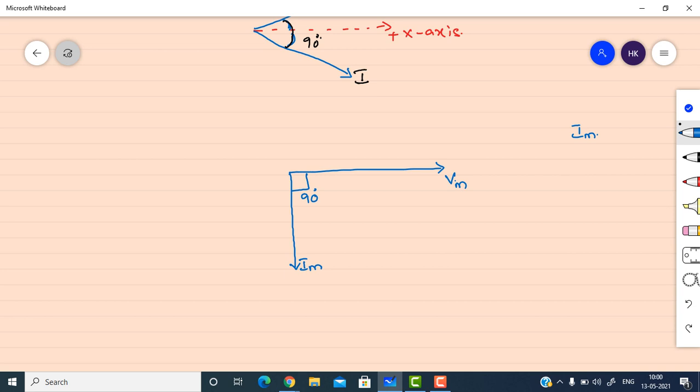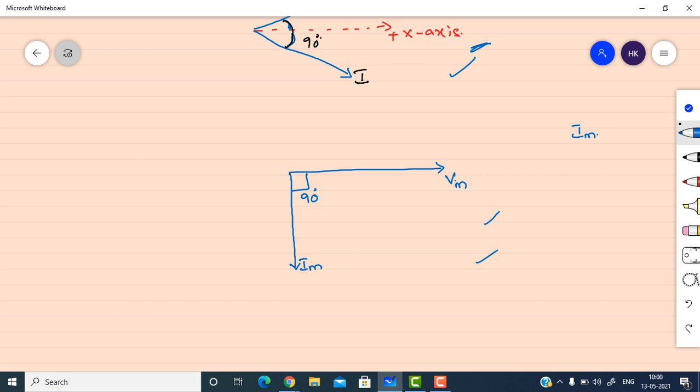Now this is the phasor diagram. You can draw like this also or you can draw like this. In most of the cases we will use this one only. We won't use this one. Positive x-axis reference we won't take. In all our subjects, electrical machines and measurements, the phasor diagrams will be drawn like this.